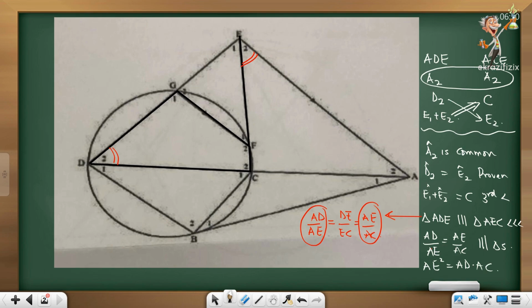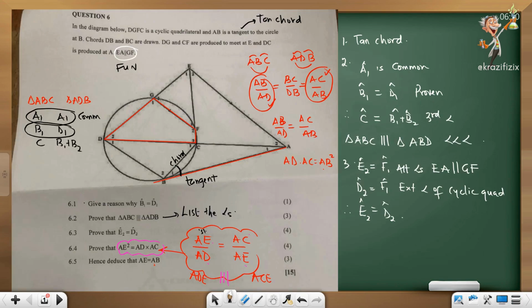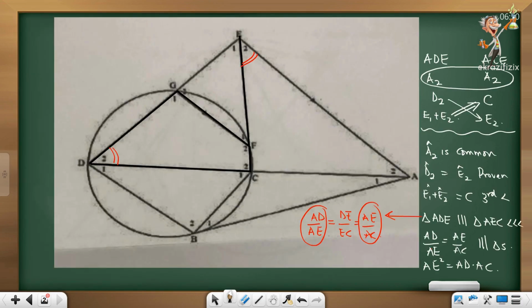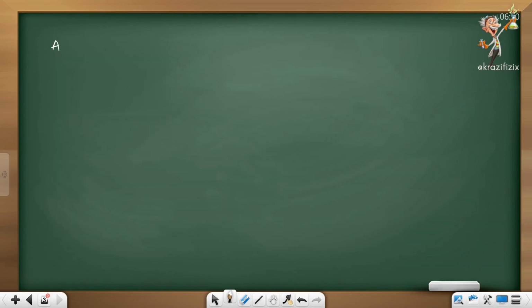And like I said, I have actually answered the last one. Wait. Prove that AE is equal to what? AB. So let me move it from here. Prove that AE is equal to what? AB. Already we have what? AE squared equals to AD multiplied by AC.